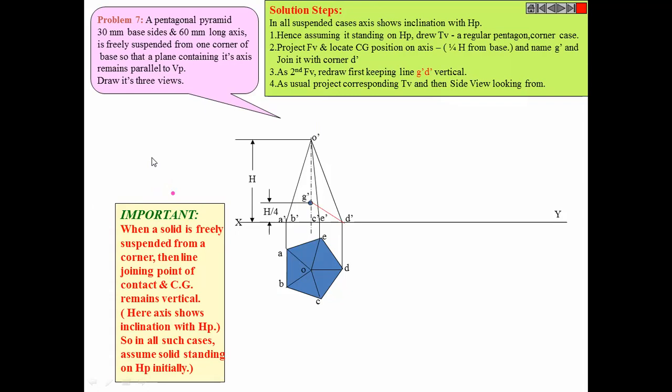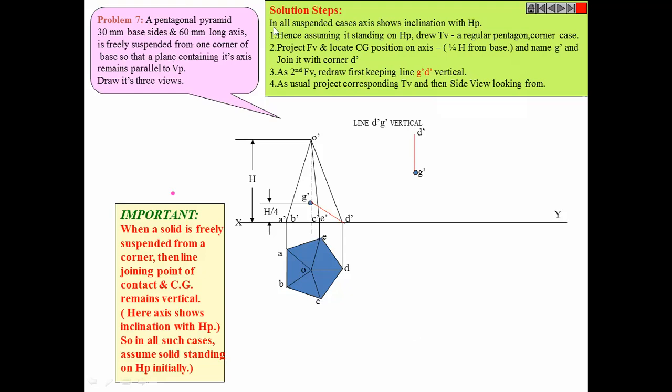Now they are taking this D corner; I explained it by A corner. What happens now? That line D dash G remains vertical. Whenever it is lifted by that corner, the line joining that corner and CG will remain vertical. How will you regenerate this second step?